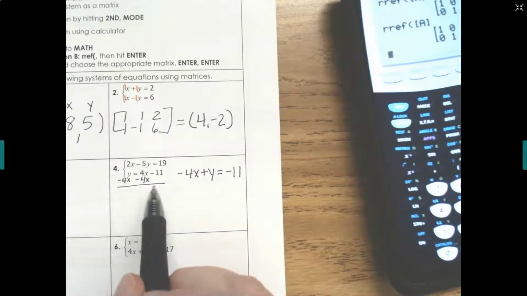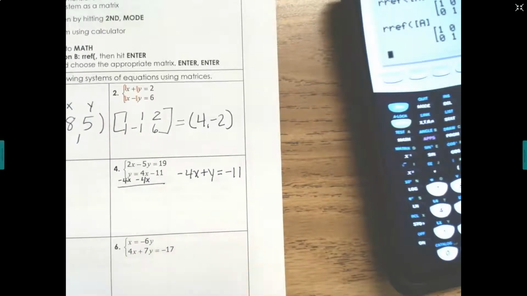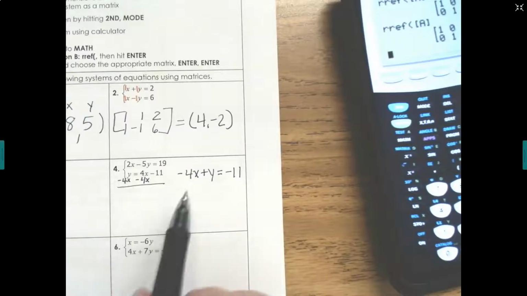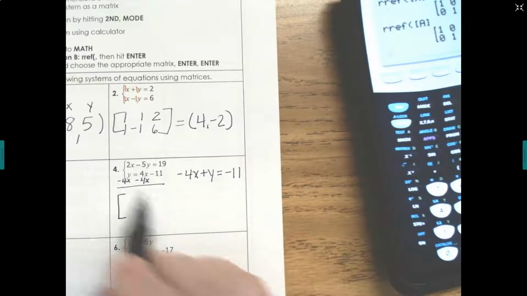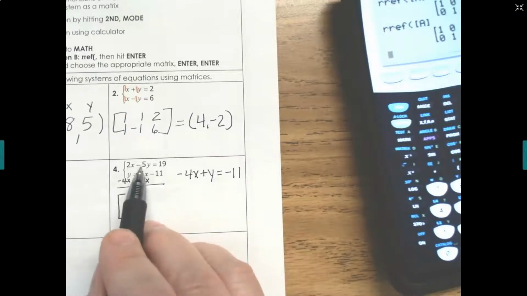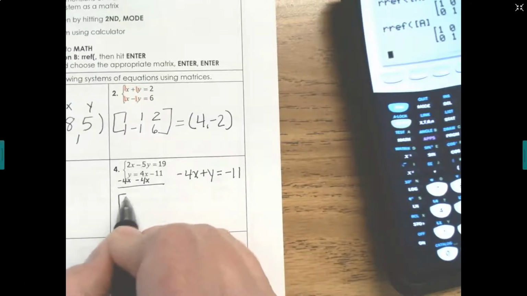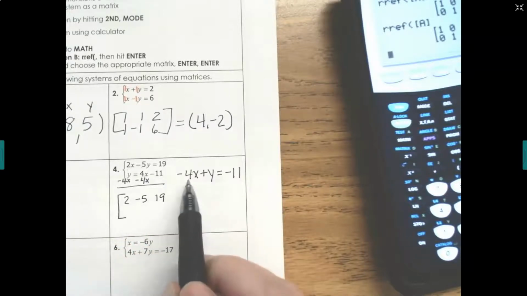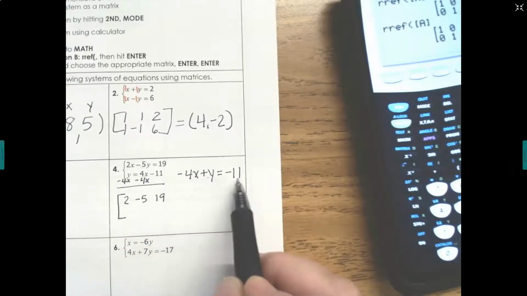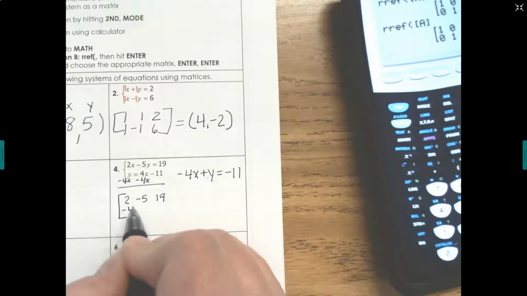Okay, so I needed to rewrite it in standard form. The x's and y's have to line up over each other. So when we go to put this in our calculator, our coefficients will be 2, -5, 19. And then we have -4, 1, -11.